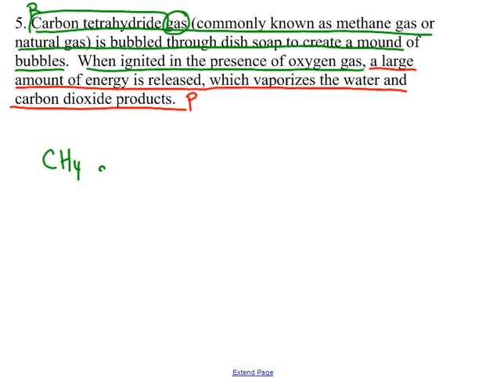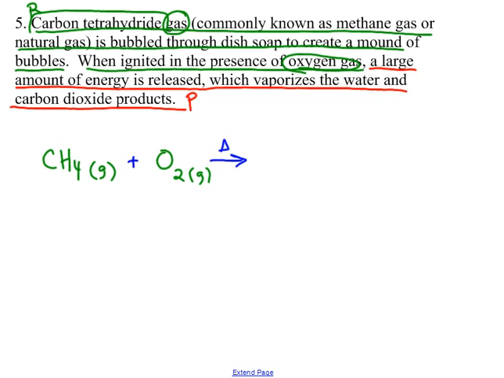It's a gas, so I'm going to write that as a G. Now, when it's ignited in the presence of oxygen gas, that means oxygen gas is going to be one of our reactants, but remember, oxygen is one of the 7 diatomic elements, so therefore O2, and it is a gas, so I'm going to put G. I'm going to separate these two reactants with a plus sign and indicate an arrow showing that these are going to produce products. Now we had to ignite it, so I'm going to put the delta sign there showing that a little bit of heat energy had to be applied to make this happen.